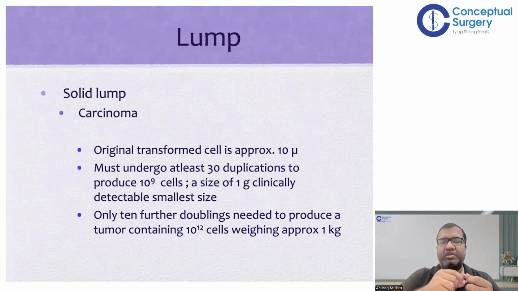It will be maybe 0.25 by 0.25 centimeter, barely palpable. That is the size after 30 cycles of mitosis. 30 cycles means 10 raised to the power 9 cells, which is roughly about 1 gram of clinical tissue. After 10 more divisions, that is 40 cycles, it will have 10 raised to the power 12 cells, and this will weigh around 1 kg. So from 1 gram to 1 kg, it takes just 10 more cycles.